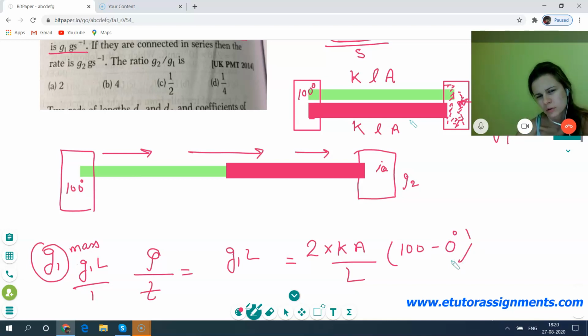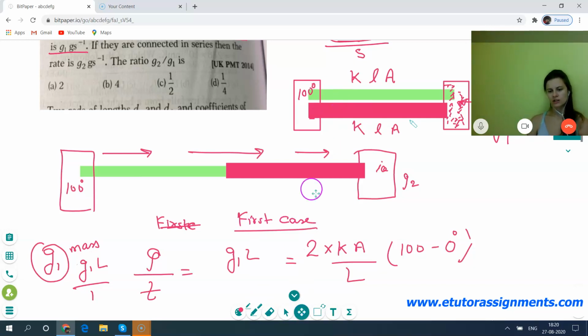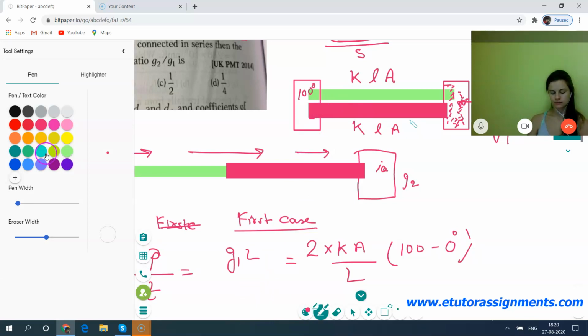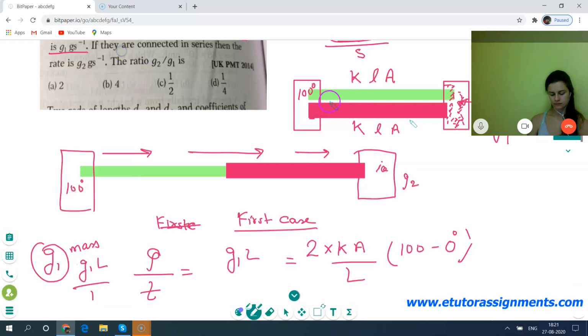Can you explain what this is? I didn't understand. In the first case, what is happening? Please tell me. In the first case, they are connected in parallel. So in parallel, the heat transferred from 100: some heat will be transferred from the top rod and some heat from the bottom rod.